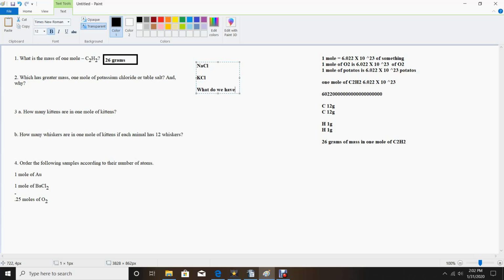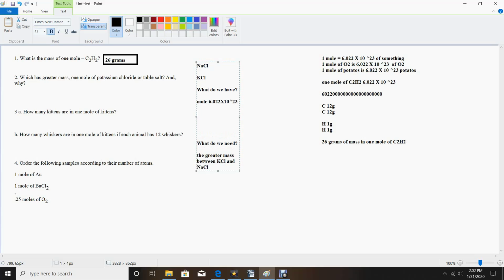What do we have? And what do we need? Well, we need to know the mass, the greater mass between KCl and NaCl. What do we have available to us? Well, we know what a mole is. 6.022 times 10 to the 23rd.